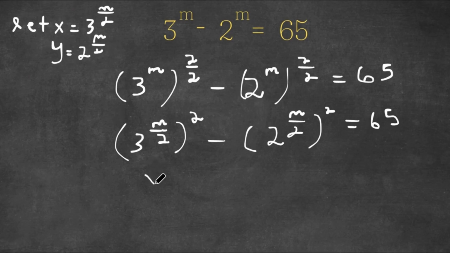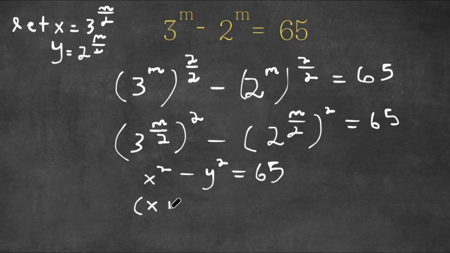So now I have x squared minus y squared is equal to 65. Now, if I have something in the form x squared minus y squared, I can write this as x plus y times x minus y.